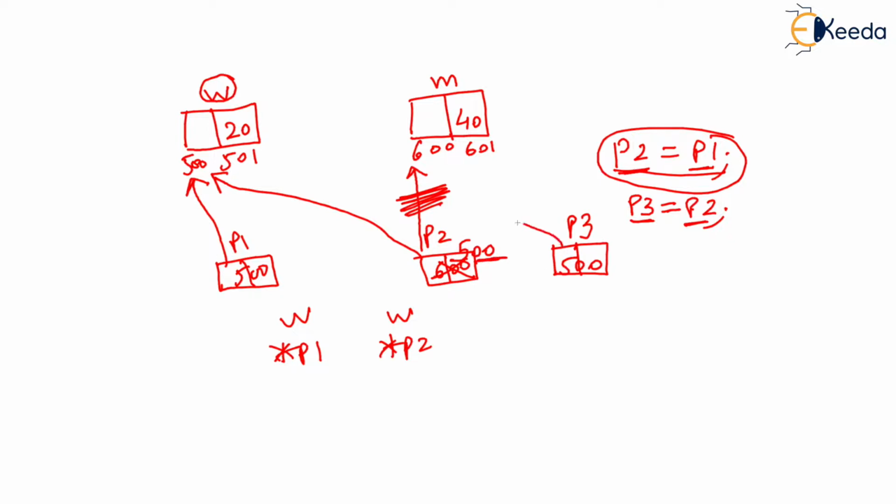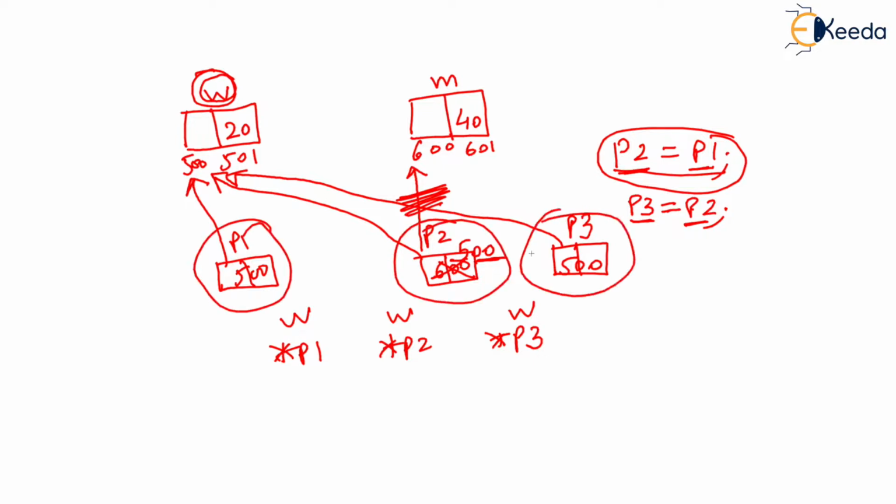Now P3 will also point to the location 500. That is the location of W. So in your program now, if you write asterisk P3 anywhere, this also means W. In this fashion, any number of pointers can point to the same location. If you want to do that, you just say one pointer equal to the other pointer.